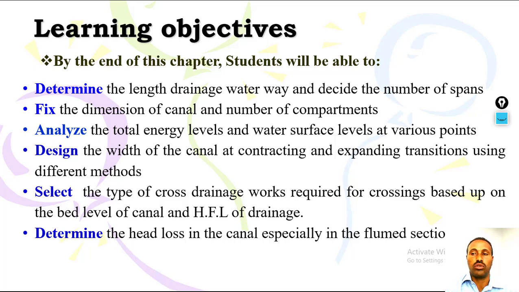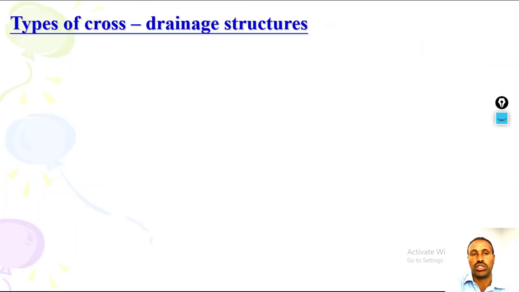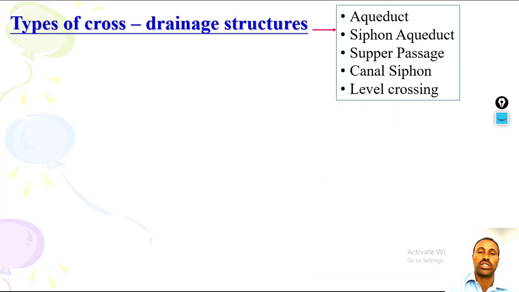You may have canal over the drainage, canal across the drainage, or sometimes canal below the drainage, and canal and drainage at the same level. You may just cross. So let's see the details. So these types of cross drainage structures: aqueduct, siphon aqueduct, super passage, canal siphon, and level crossing. So just canal over the drainage.